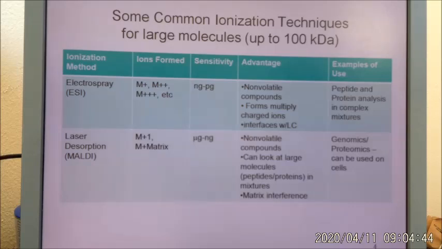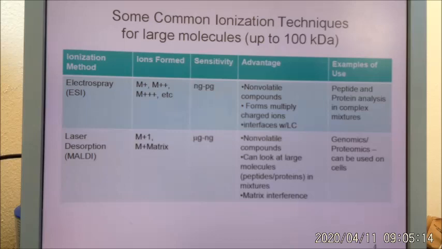Another technique for ionization is called laser desorption. You have a matrix that you have your substance, your mixture in, and then you use a laser and it hits your matrix, and off of it bounces your ionized compounds, and you will have some matrix coming off as well. It is in the microgram to nanogram amounts for sensitivity, so a little less sensitive than electrospray.